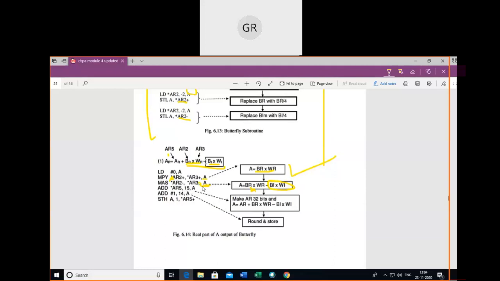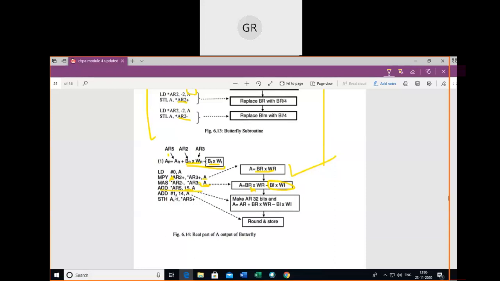Here what does it mean? AR5 is already 15 bits, and here we can make it 32 bits. That's why this instruction. Just remember this. Then it becomes A equal to AR plus BR into WR minus BI into WR.